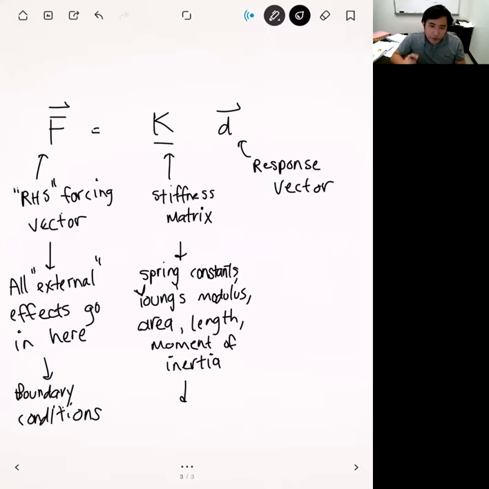But there's a unifying theme behind all of these quantities, and I hope that you see it. The unifying theme is that these are all inherent properties of the structure itself, independent of any external effects.